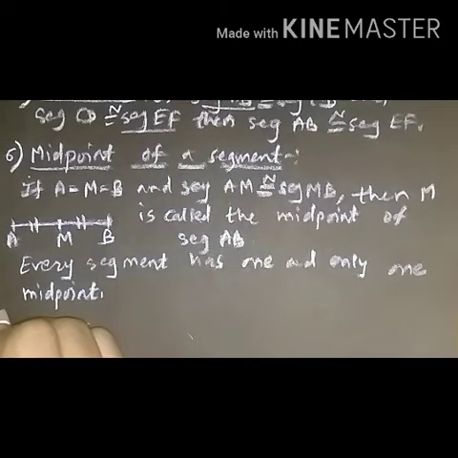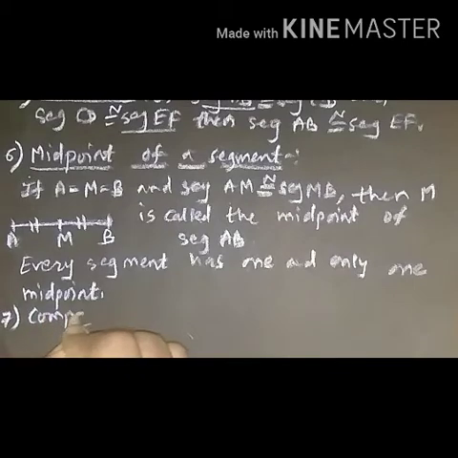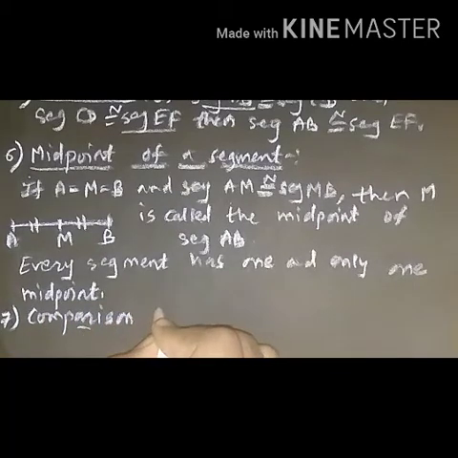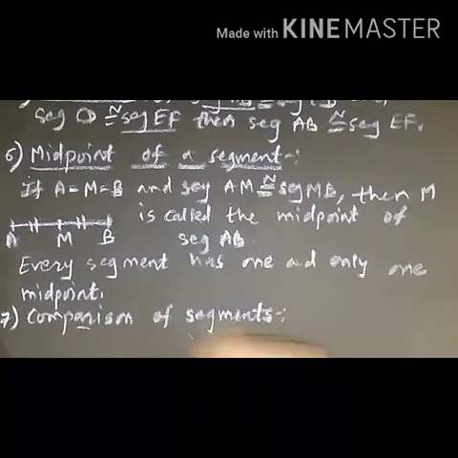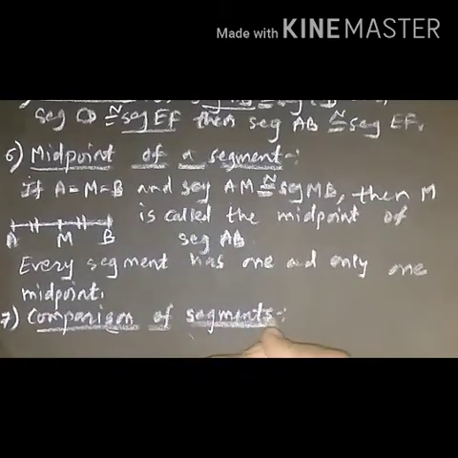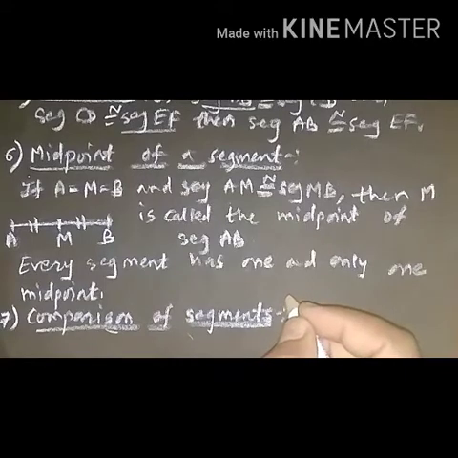So let us see point number 7, comparison of segments. Here we have to take two segments and find, according to their length, which is bigger or which is smaller.